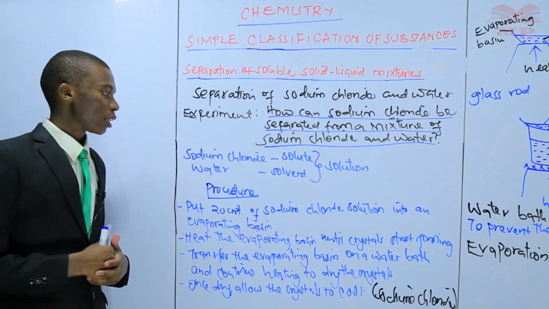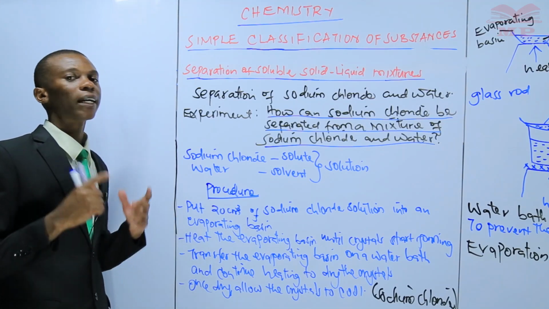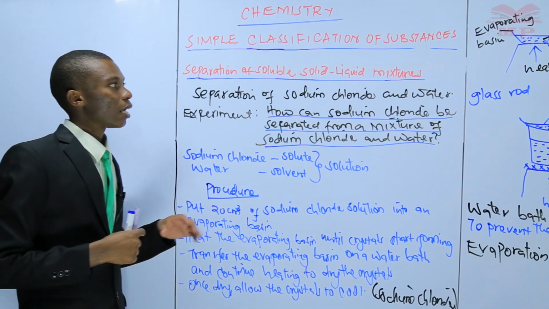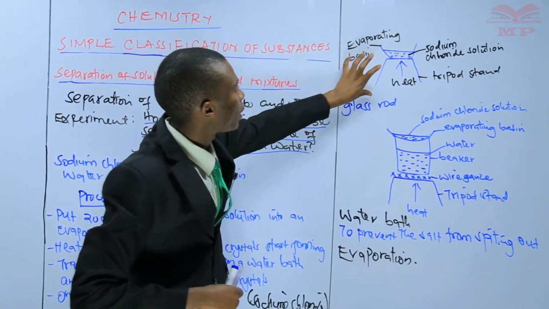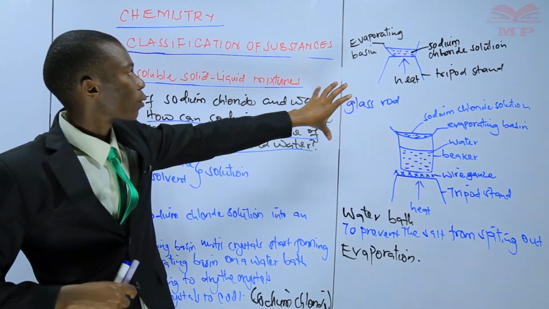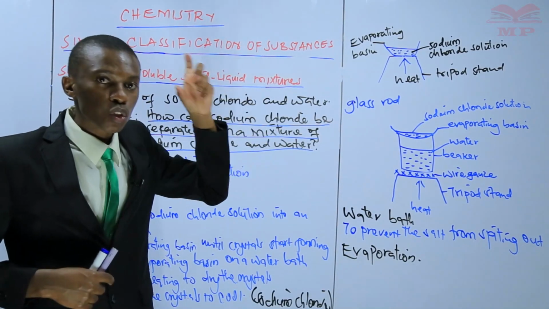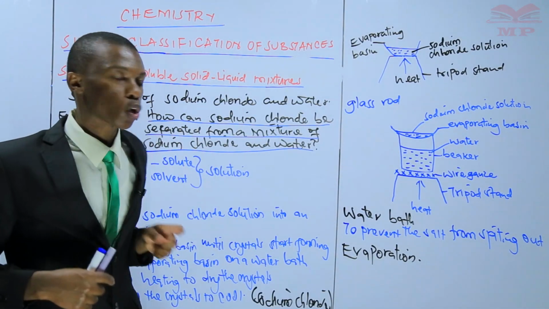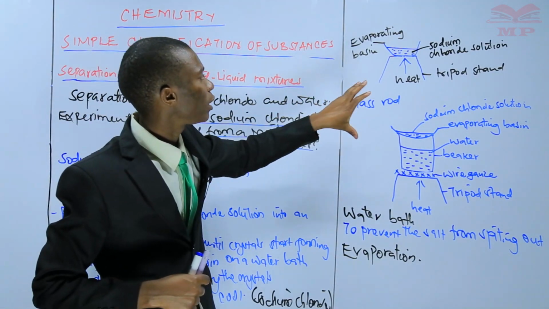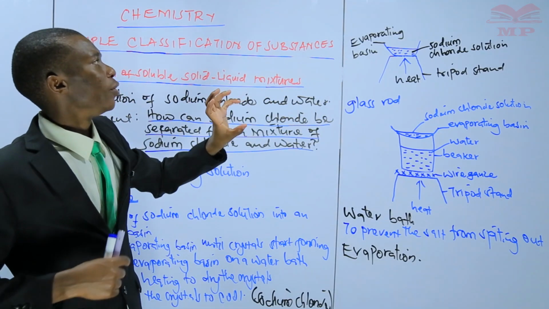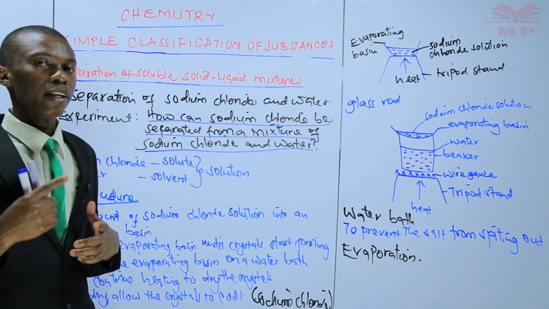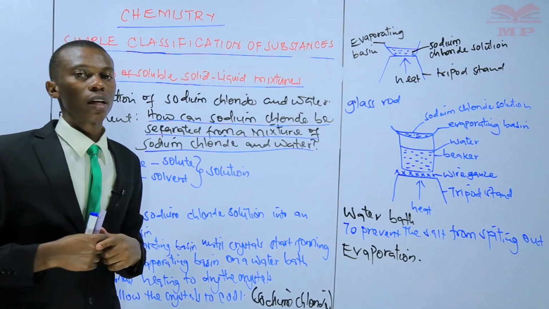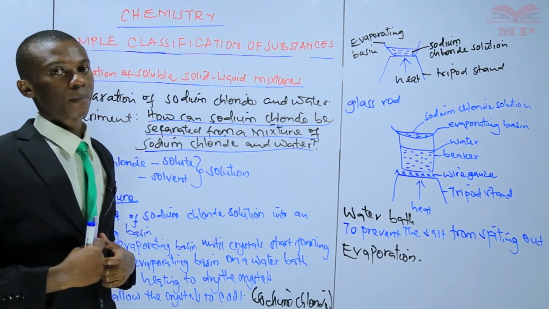Heat the evaporating basin until crystals start forming, like I have drawn it for you here. You are heating the evaporating basin containing sodium chloride solution. Once you heat it, you expect water will start evaporating, and you're left with sodium chloride.